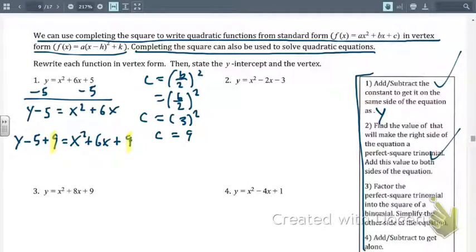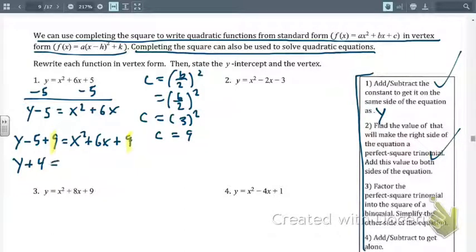Step 3, factor the perfect square trinomial into the square of a binomial. Simplify the other side of the equation. Okay, so we have y, and then we have a negative 5 plus 9. That's going to be a positive 4.